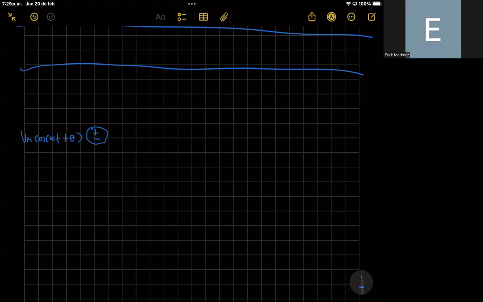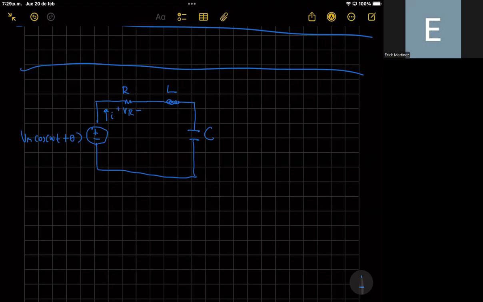Okay, and we connect to this voltage source a resistor, and this resistor has a resistance R. Also, we have an inductor that has an inductance L, and we have a capacitor, and this capacitor has a capacitance C. Let's assume that the current goes in this direction and that the voltage of the resistor has the following polarity.